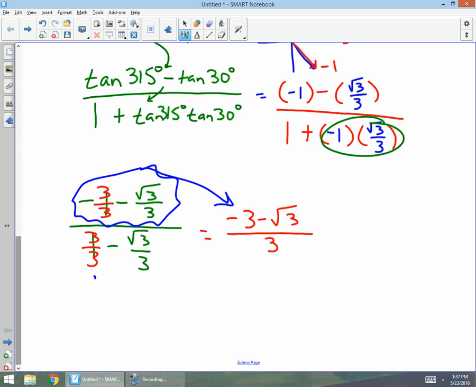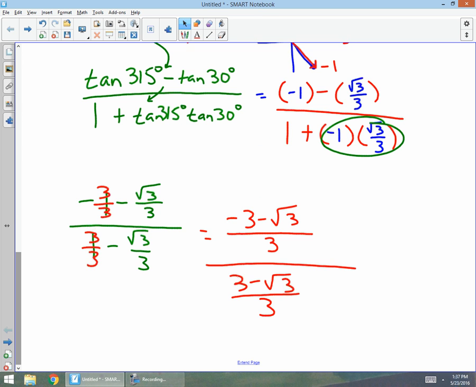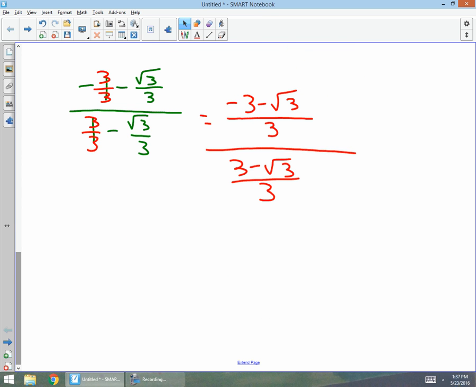Now we're going to do the same thing. We're going to do this whole portion. We're going to simplify over there. Complex fraction, big old denominator, 3 minus the square root of 3 over 3. Now you're actually one step away from having everything work out pretty nicely.